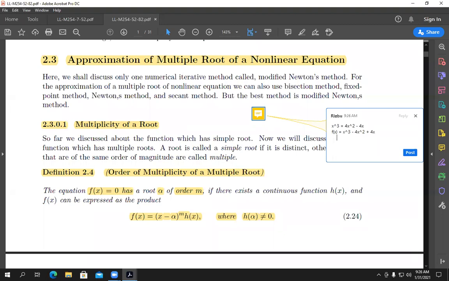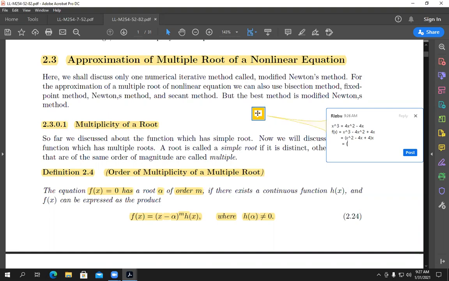Can I factorize this one? Yes. I can write here x square minus 4x plus 4, into x. This is okay, right? Because I just took the common factor. Then we go further in it.